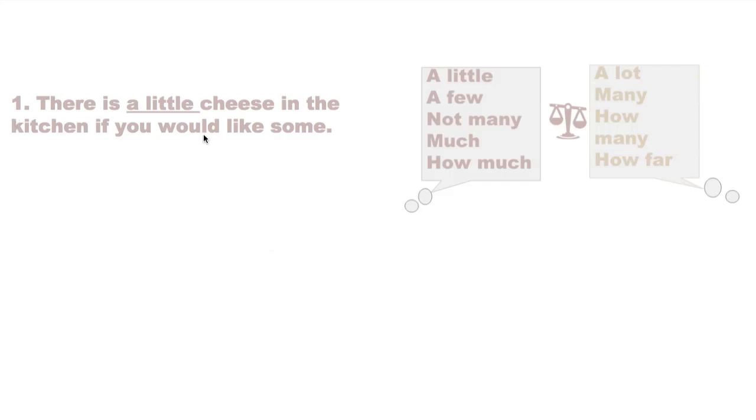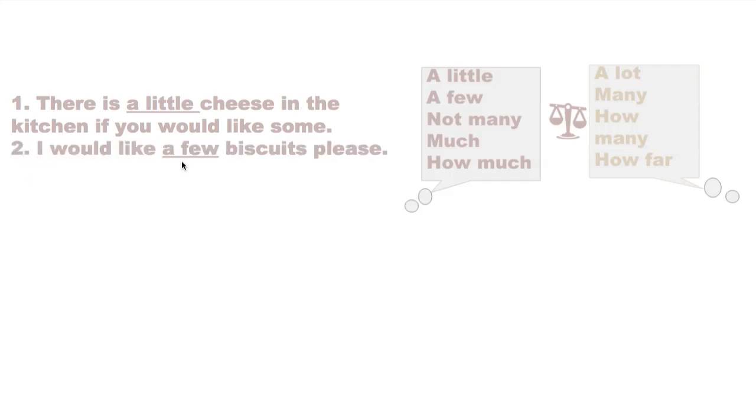And so one, we have, there is a little cheese in the kitchen if you would like some. So there is a little cheese in the kitchen if you would like some. A little would then be the general quantifier in small terms. Make sense?